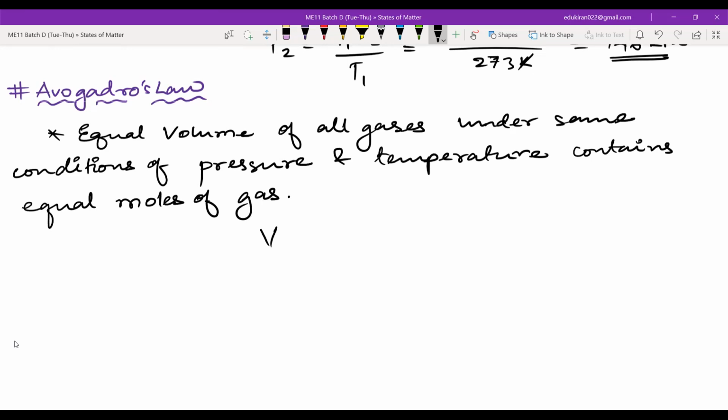That means if I increase the number of moles, the volume will also increase.